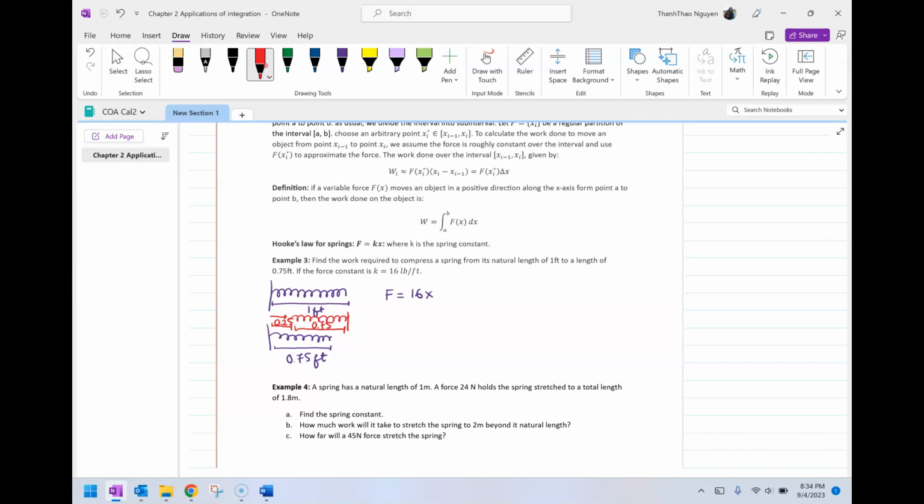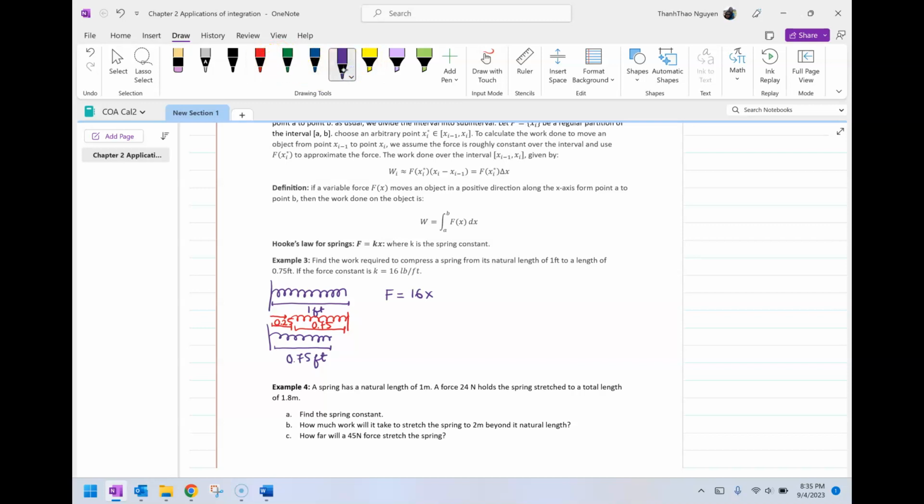So the force is acting on the spring for 0.25 feet.